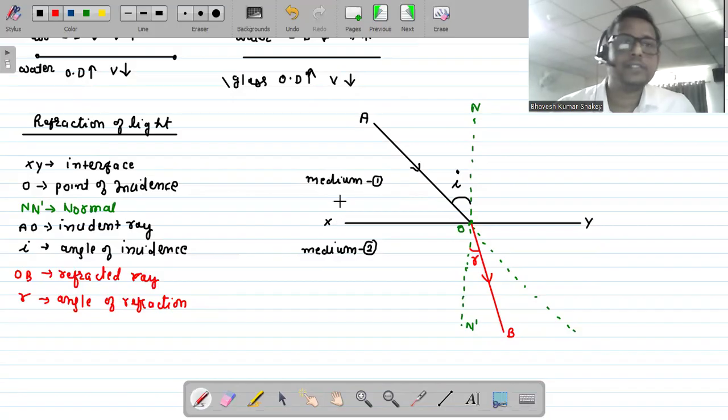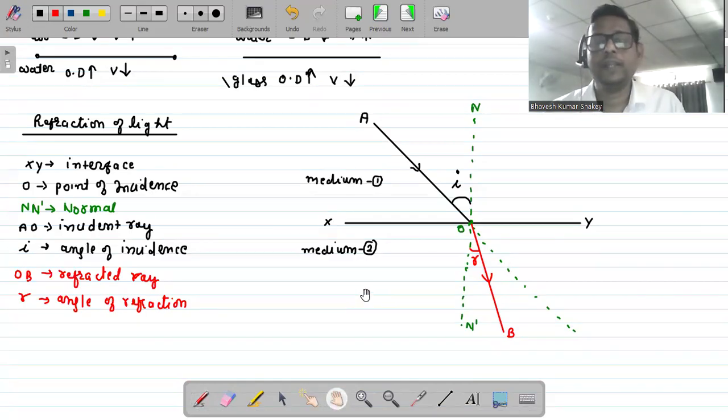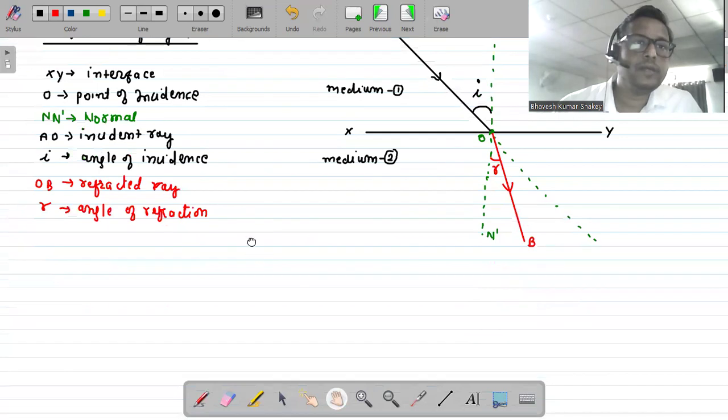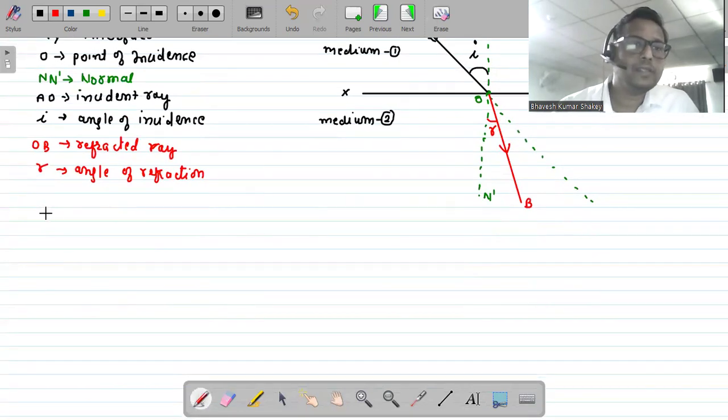I hope you all understand the concept of refraction of light and why refraction happens. Because the optical densities of both the mediums are different, the speed of light changes, and because the speed of light changes, it bends. Okay, now let's move to the next topic.